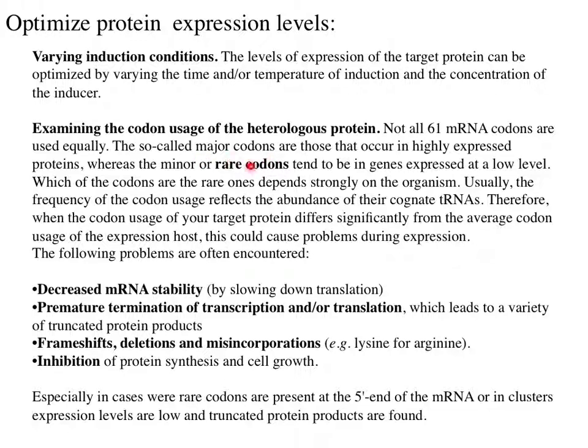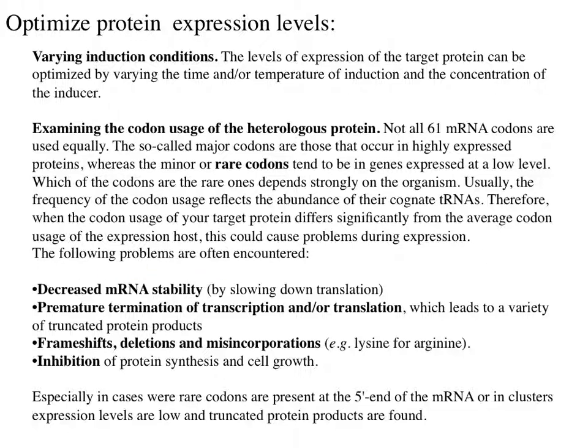There are major codons in highly expressed proteins, whereas minor or rare codons tend to be in genes expressed at low levels. Which codons are rare depends strongly on the organism. Usually the frequency of codon usage reflects the abundance of their cognate tRNAs. Therefore, when the codon usage of your target proteins differs significantly from the average codon usage of the expression host, this can cause problems during expression.